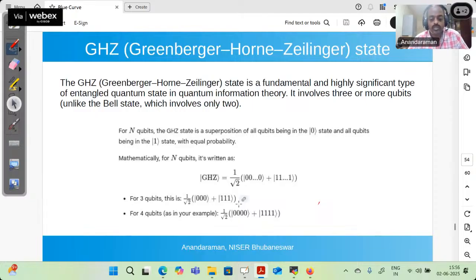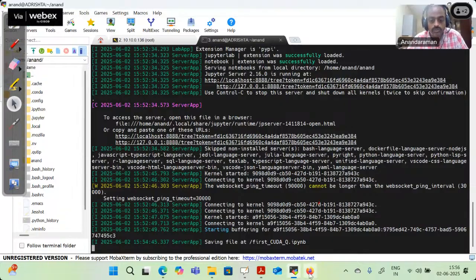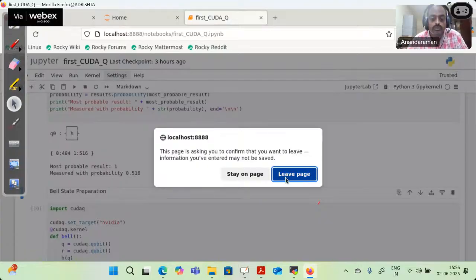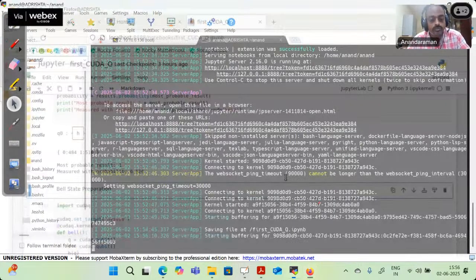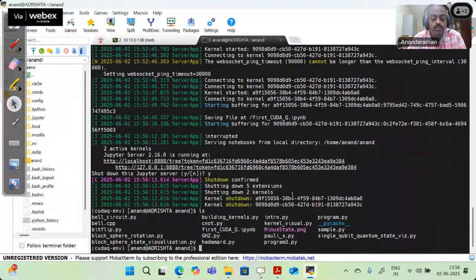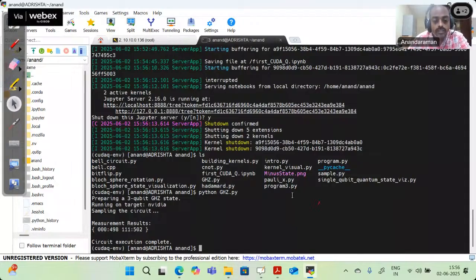Okay, I will just explain this in Python, the GHZ example. By default it creates 3 qubits.